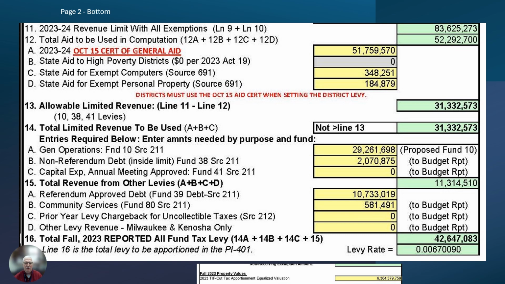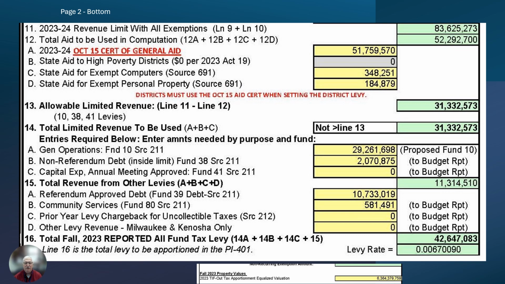The entries for line 15 are not part of the revenue limit formula, but appear on the worksheet for the purpose of determining the total levy amount, which includes referendum approved debt, community services, prior year chargeback, and an entry for use only by Milwaukee and Kenosha.